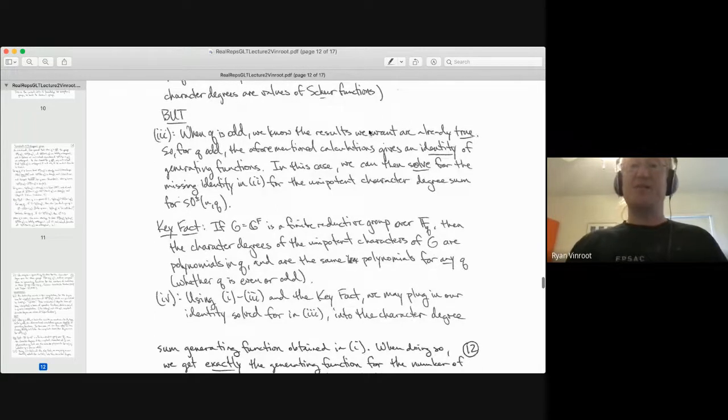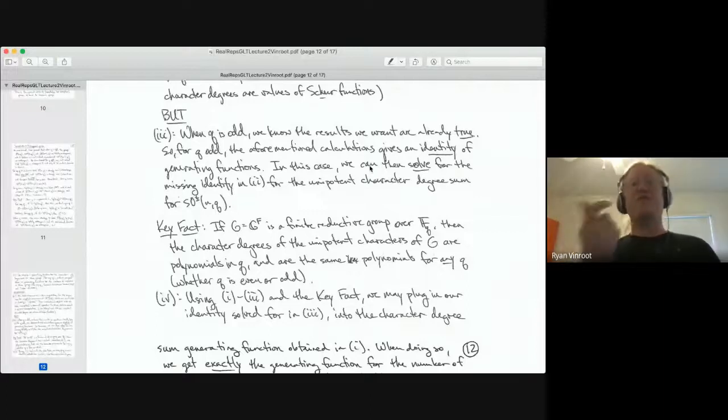So this means from this step 3, when we solve for this missing identity, we can get an identity that's true for any Q using this key fact.